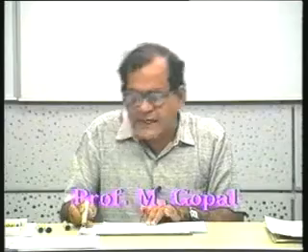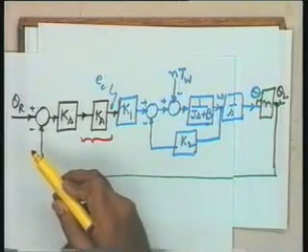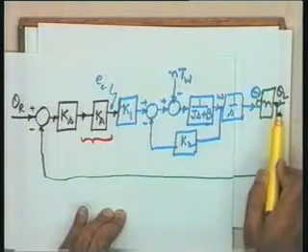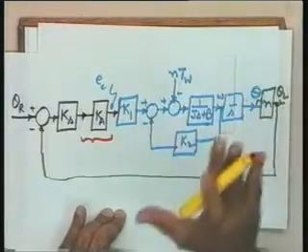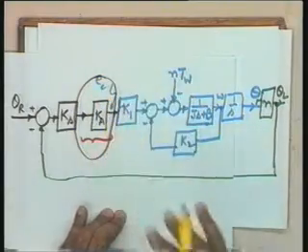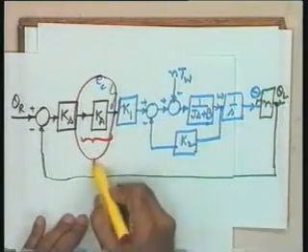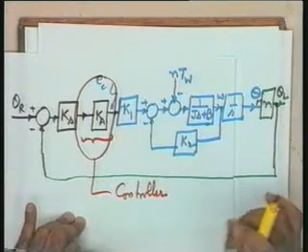I want theta L to follow theta R under suitable performance specifications. The performance specifications will be of the nature that under steady state condition, theta L should be equal to theta R exactly with no error, and theta L should approach theta R with a minimum of transients. And to achieve this objective, I will replace this block by a more complicated block, and that particular block will be referred to as a controller, and the objective will be to design that controller.